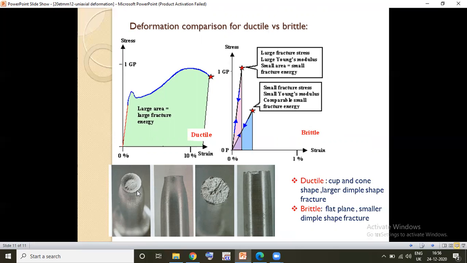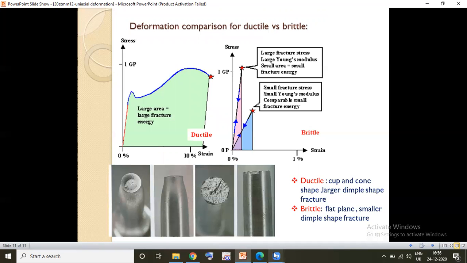Eventually you can see it as a fractograph structure. So this dimple formation is a sign of ductile nature, whereas a flat plane structure is the signature of brittle material under tensile loading.